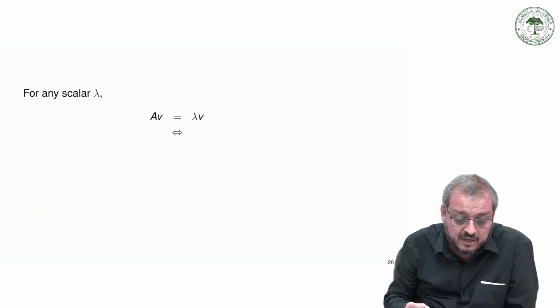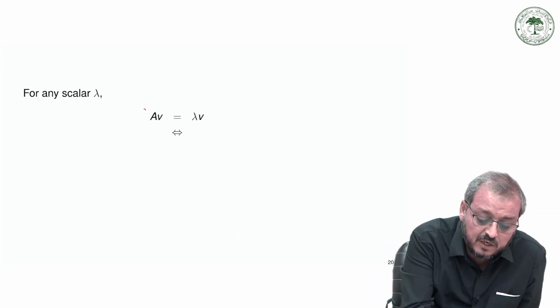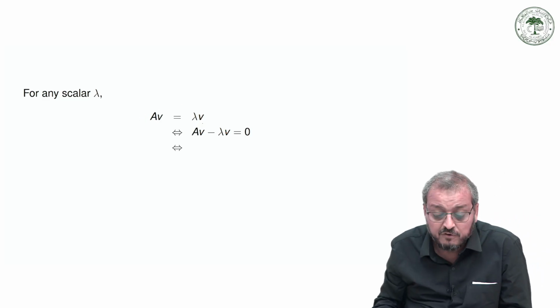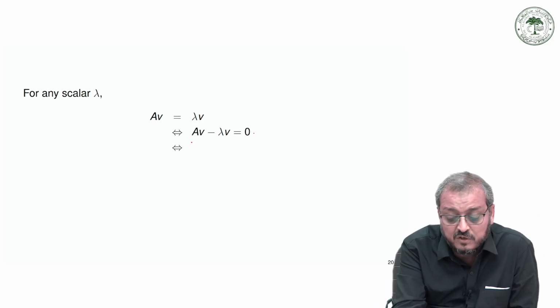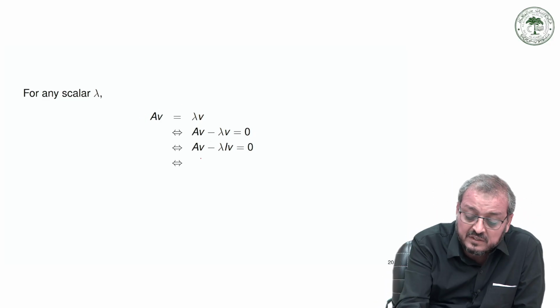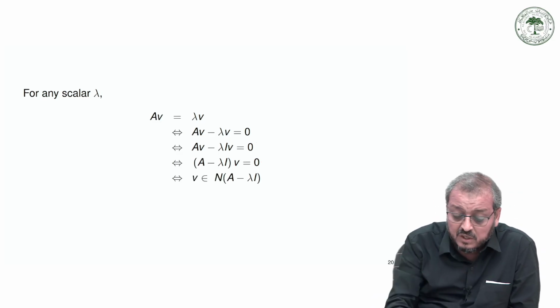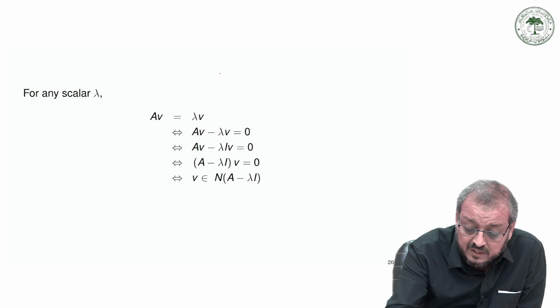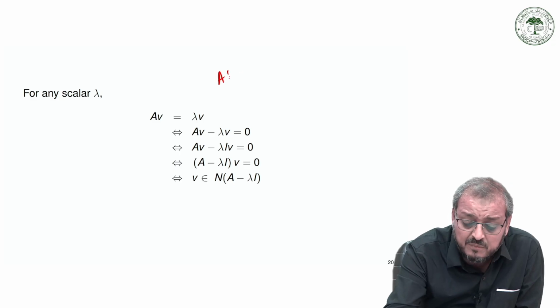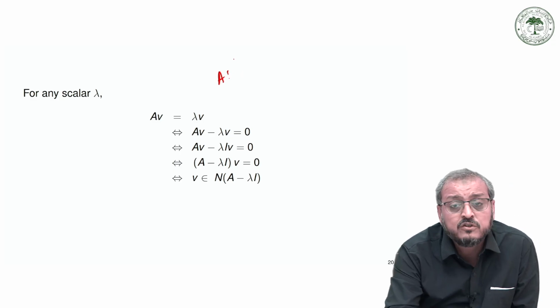Okay, so now for any scalar lambda, Av equals lambda v can be written as Av minus lambda v is equal to 0, then (A minus lambda I) v is equal to 0. You know that if A is a matrix, then it also forms a transformation.